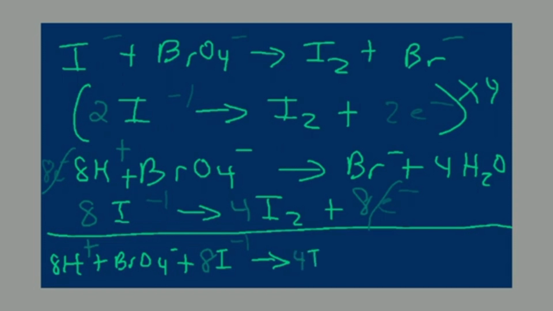So we have 4 I2 molecules, a bromide ion, and 4 water molecules. So this is the balanced reaction.